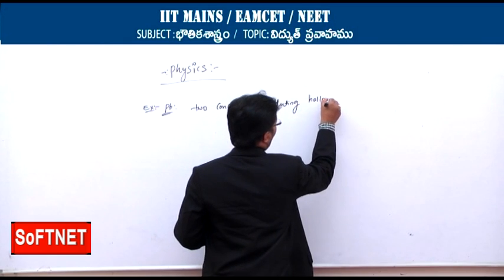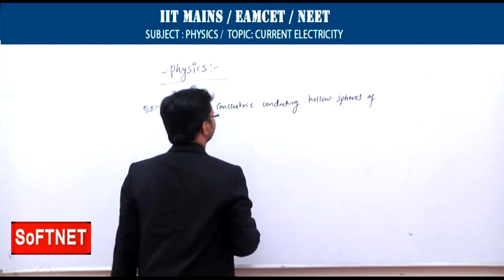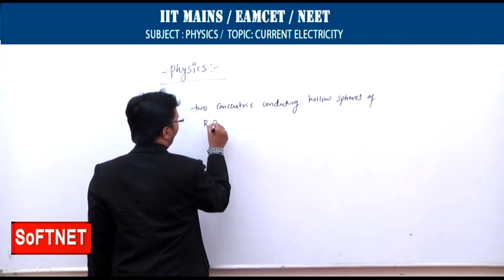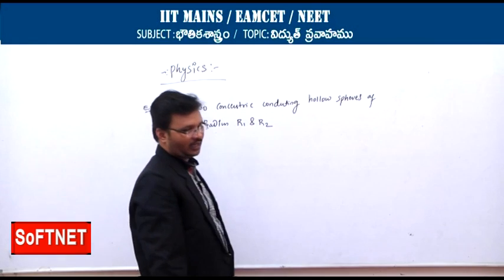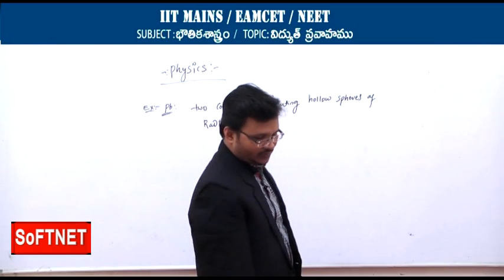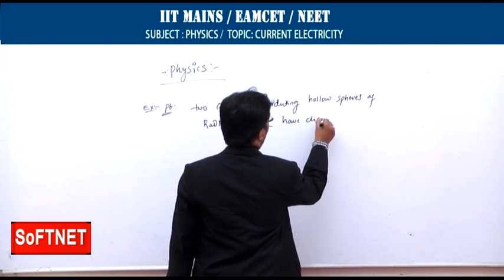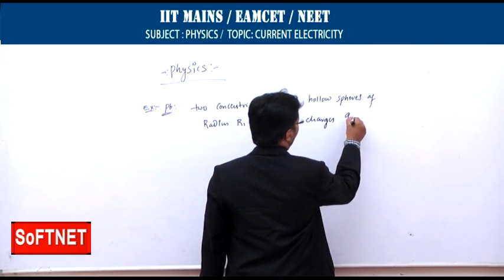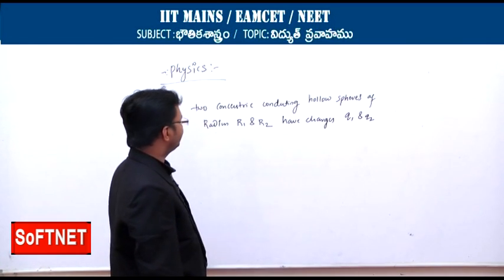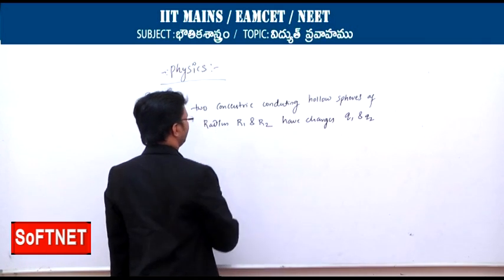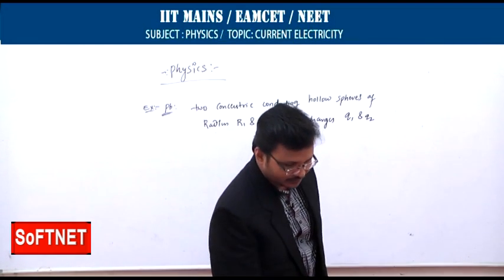Two concentric conducting hollow spheres of radius R1 and R2 have charges Q1 and Q2 respectively.